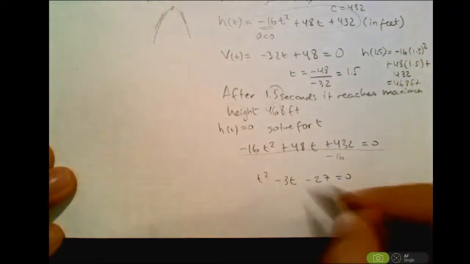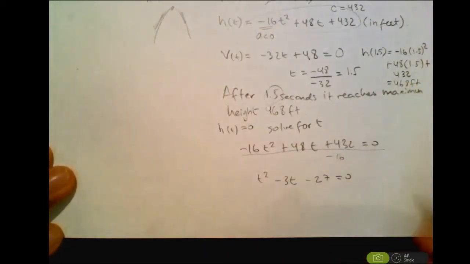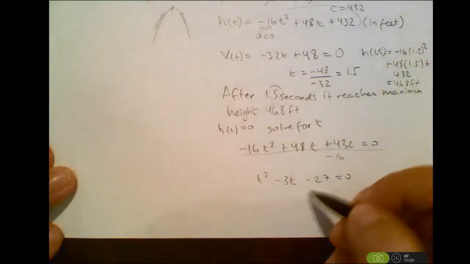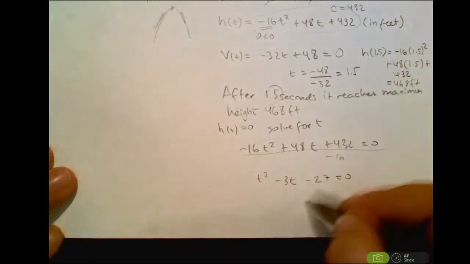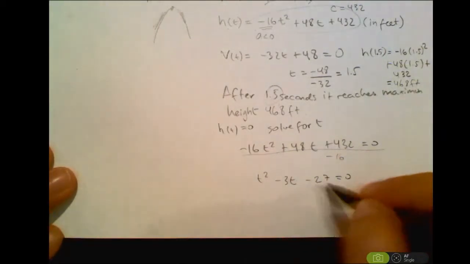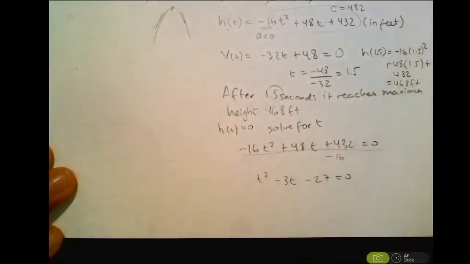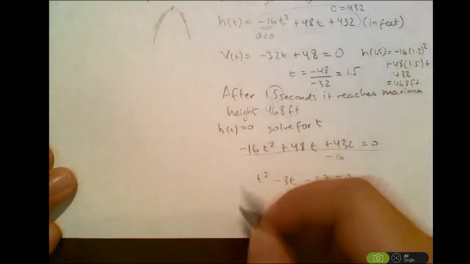Now the numbers are easier to see if it can factor or not, because that will be the easiest thing to do. However, this doesn't factor. I can't find two numbers that multiply to negative 27 and add to negative 3. So the only way to go will be to use the quadratic formula.